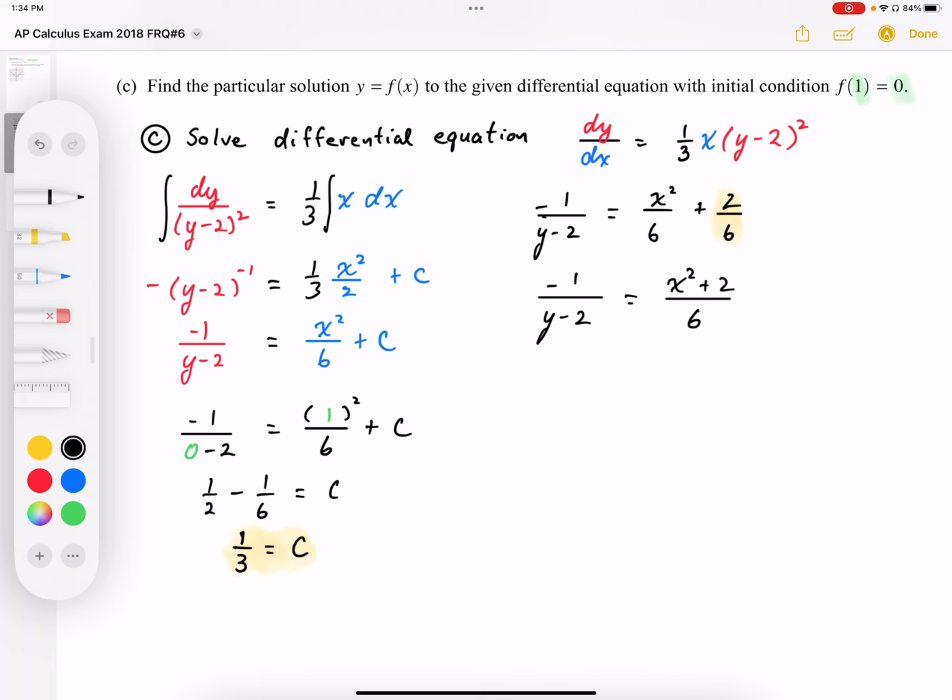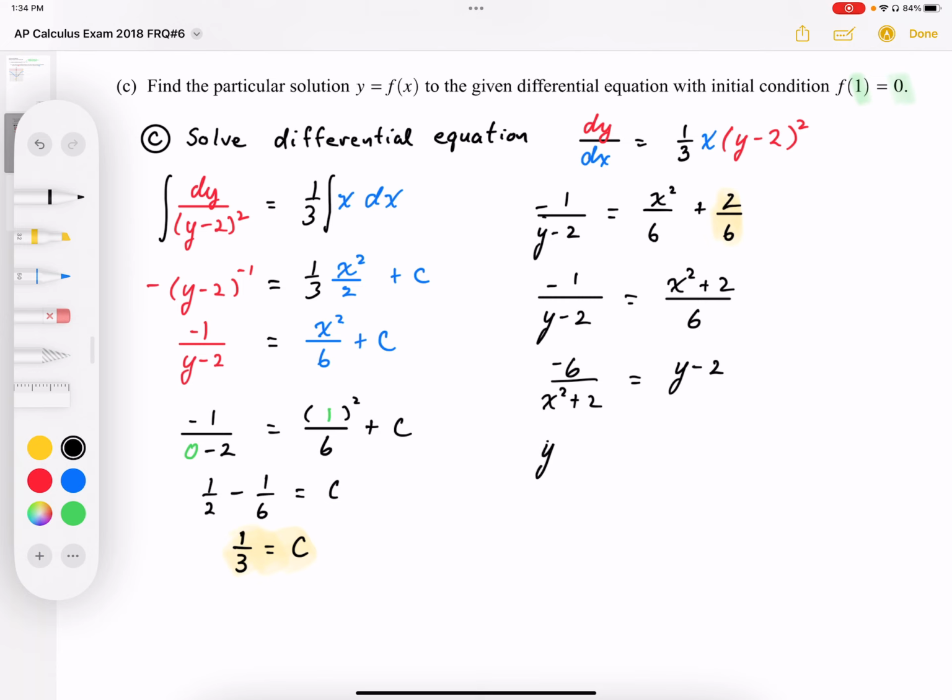We can cross multiply this and solve, so this works out to be 6 over x squared plus 2 is equal to y minus 2, and I'm going to keep the negative on this side.